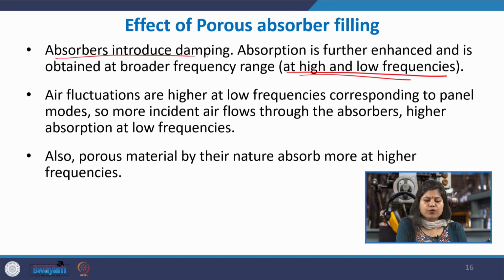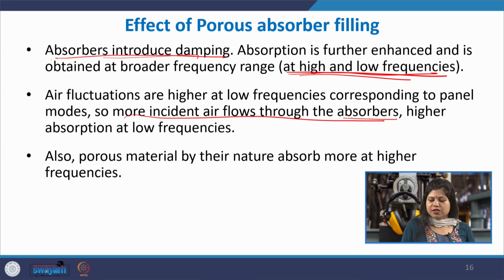Why? If you introduce an absorber, it adds additional damping. So, typically the absorption values get enhanced because, you know, at resonance the particle velocities are the maximum as they are flowing into these absorbers, and hence a higher level of absorption is taking place at the resonance.